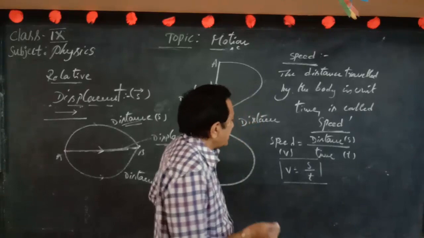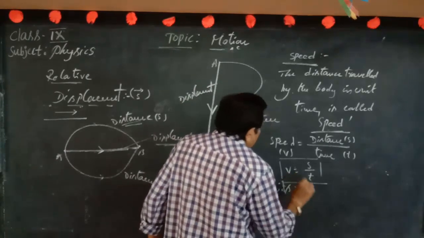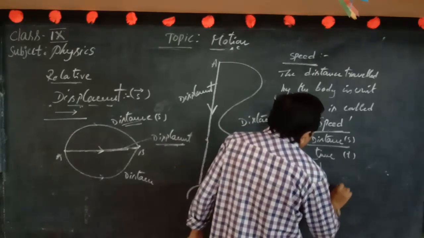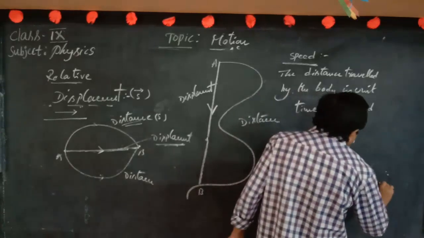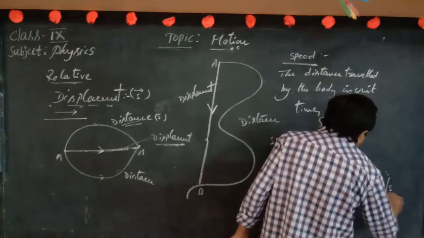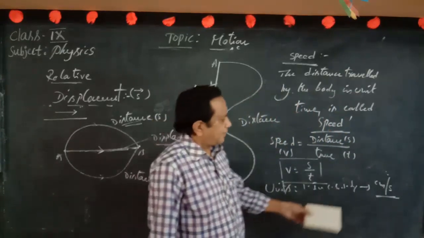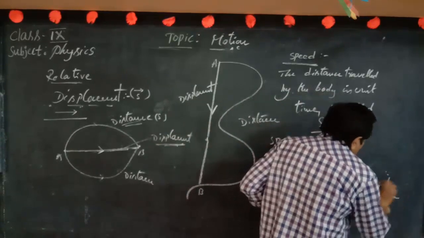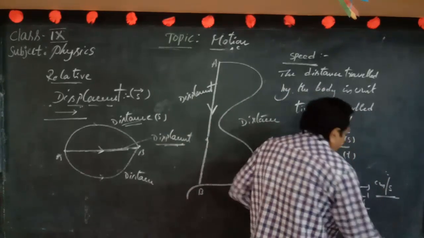First, we discuss speed and its units. In the CGS system, distance is measured in centimeter and time in seconds, so centimeter per second. Nowadays this division is not indicated; instead we write centimeter second to the power minus 1. Why?